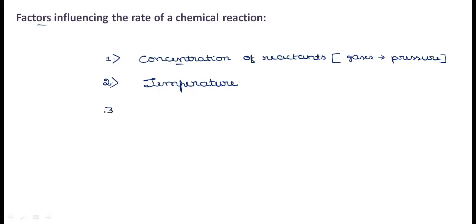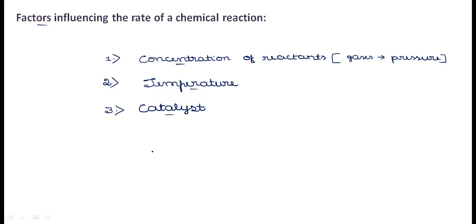Another factor which influences the rate of a chemical reaction is the catalyst. As we all know, a catalyst is a chemical substance which increases the rate of a chemical reaction without itself undergoing any chemical change. How is it done?